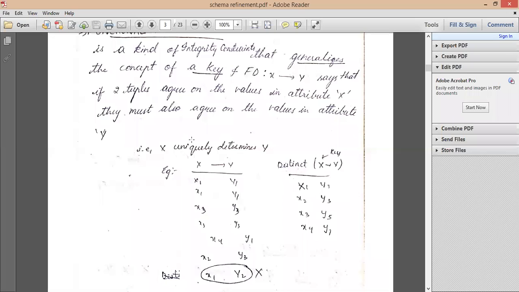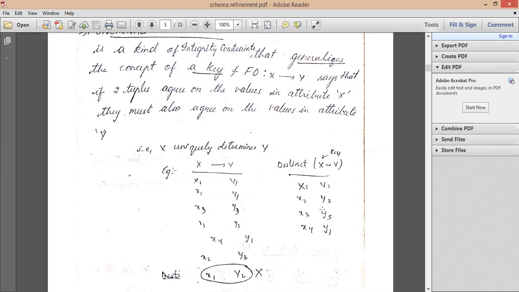No. Whenever you say X uniquely determines Y, if X has determined Y, then it cannot determine any other value in Y. In general, if a particular X1 value goes to Y1, then that X1 cannot go to Y2, Y3 or Y4. That is the condition here.